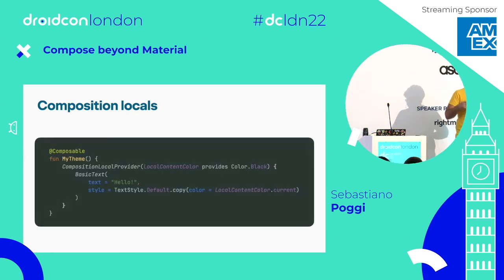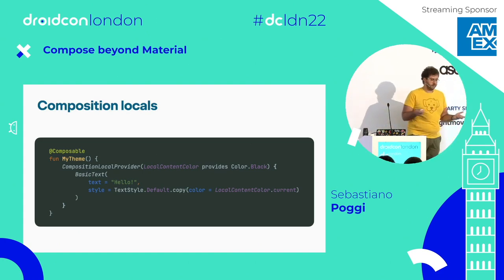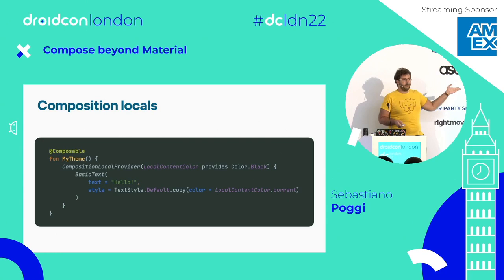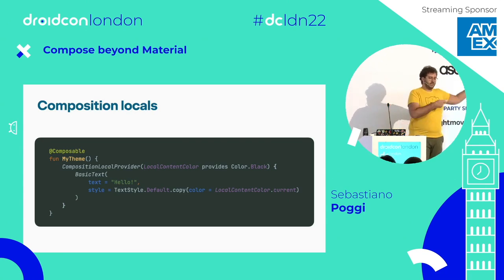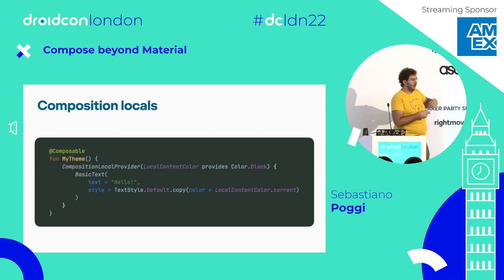Now, if we want to see how composition local providers work and composition locals, we have a simple example here. We can see there is a composition local provider, and inside of it, we have a basic text. Now, you will notice that the basic text is referencing local content color, which is defined and then provided by the composition local provider.